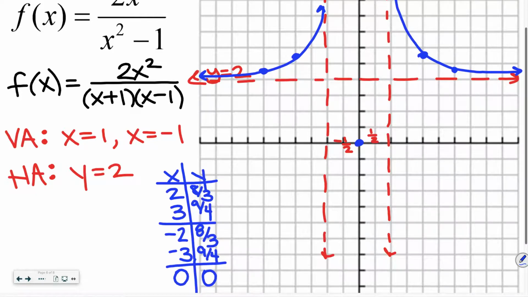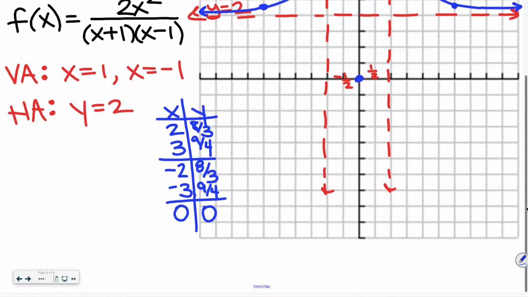To figure that out, we have to pick a point on either side. We're going to plug in both 1/2 and -1/2.